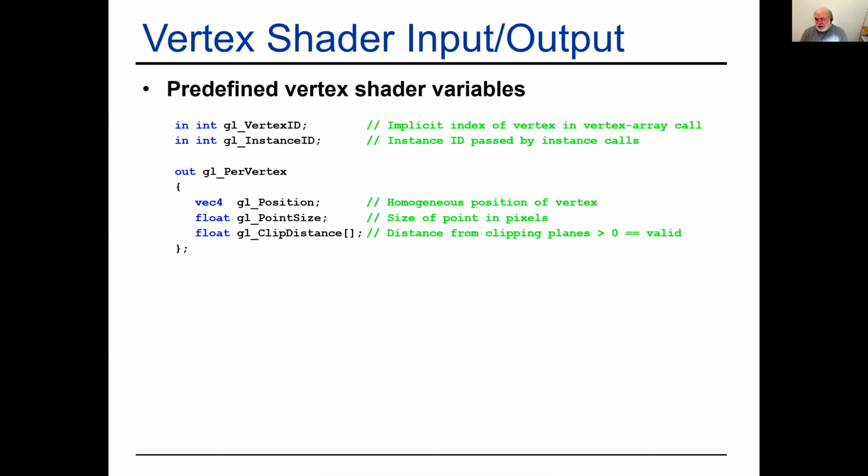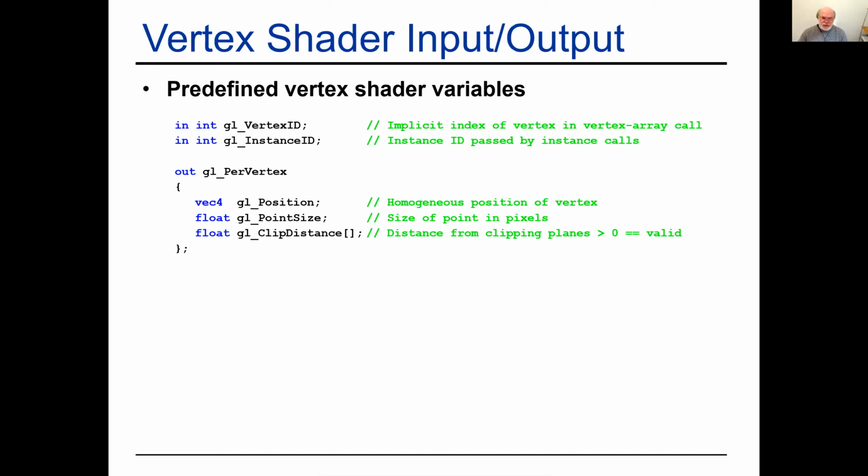And you can also, I didn't actually talk about that, but OpenGL allows you to clip not just against the view frustum, but you can specify additional clip planes. And the shader can compute the distance of this vertex from a clip plane. Think about these distances as the window edge coordinates that we talked about when we talked about clipping. Essentially, this says how far away this vertex is from the clip plane.